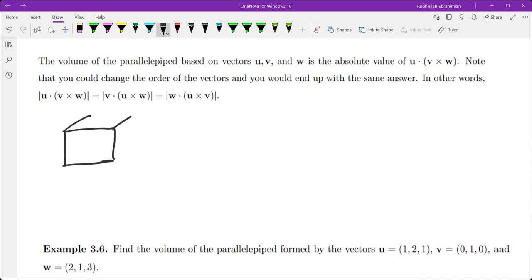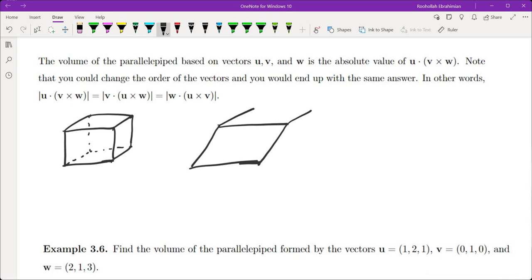It has 6 faces, and all of these 6 faces are rectangles, and opposite faces are parallel to each other. So if you turn this one into something tilted, then you get something called a parallelepiped. So what is a parallelepiped? It's an object with 6 faces, and opposite faces are parallel, and all of the faces are parallelograms.